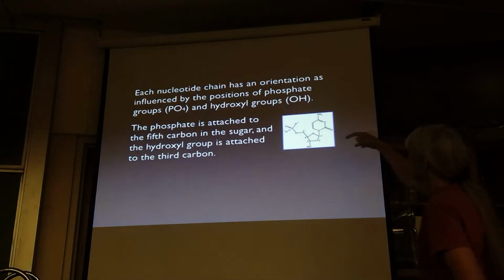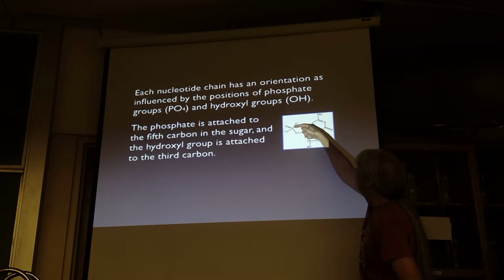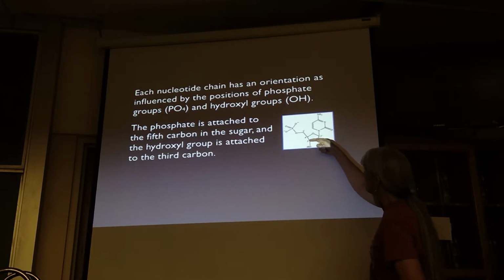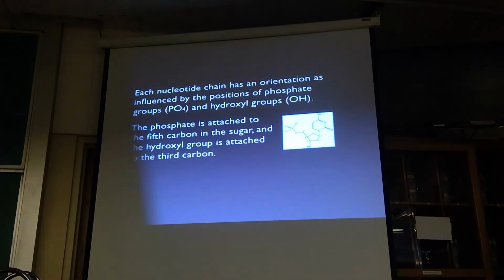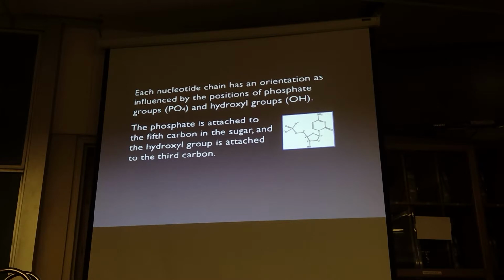This is called the 5' because the number 5 carbon has the phosphate on it. This is called the 3'. The number 3 carbon has the hydroxyl group on it. So there's an orientation to each nucleotide, and then there's also an orientation to a chain of nucleotides. Phosphate at the 5' end and hydroxyl group at the 3' end.